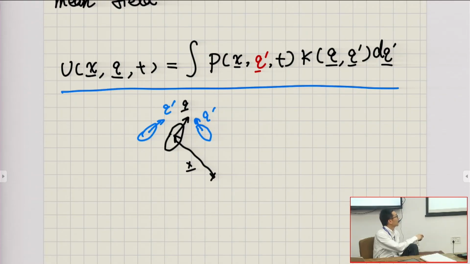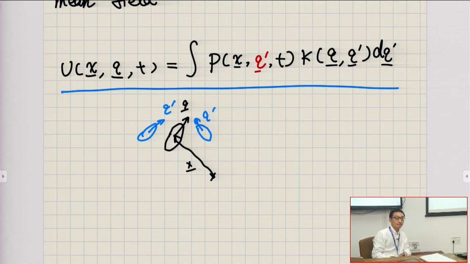The alignment interaction only works locally; I'm not going to align with someone further away. So I take all possible other particle orientations. You fix a particular q prime, you get this k of q prime, but there are other particles whose distribution is described by this function. So I just average over that locally. Local means locally in x.